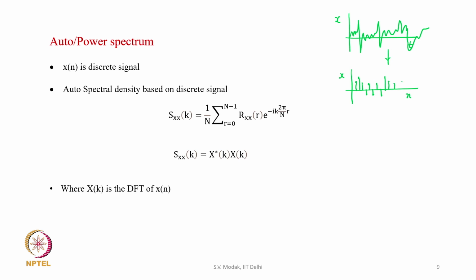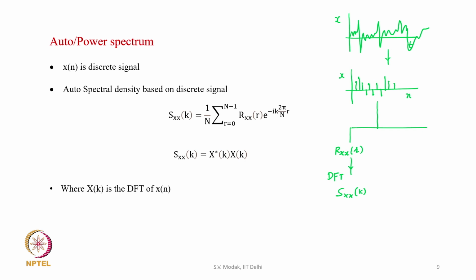Now we can find the autocorrelation function of this, that would be Rxxr, where small r is the sample number. Then we can find the DFT of this, and this gives us the auto spectrum of the signal.